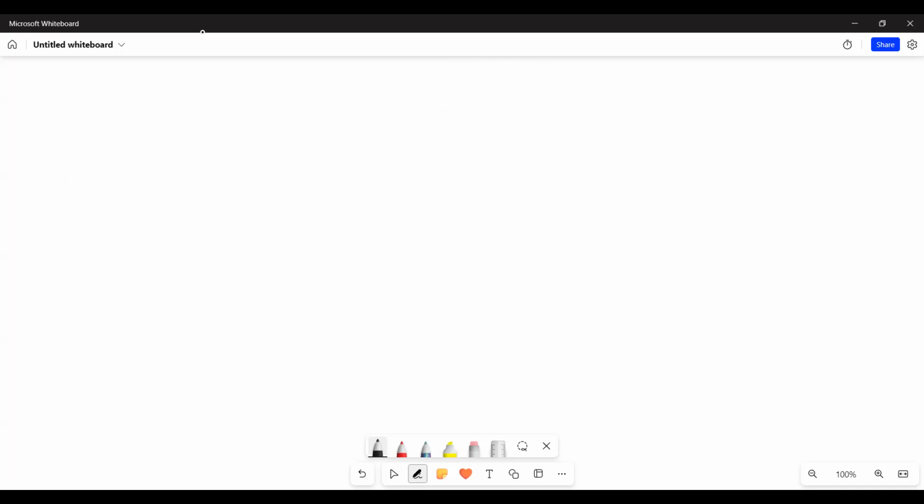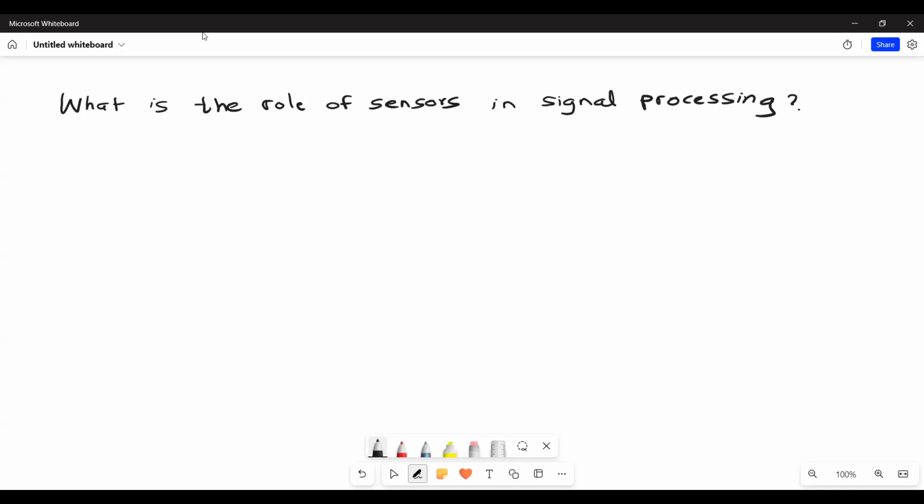Another question is, what is the role of sensors in signal processing? Sensors help us to collect data. It is hard to collect information without a certain sensor-based electronic circuit.